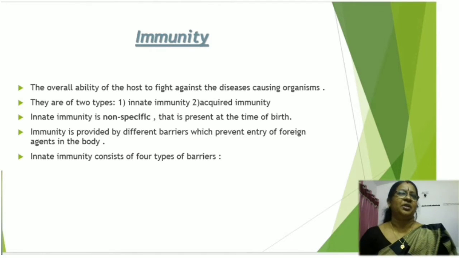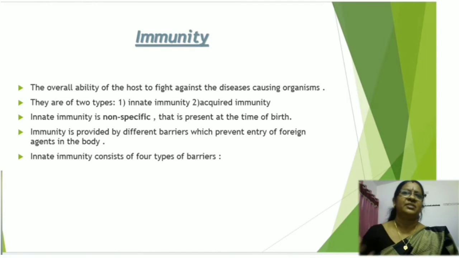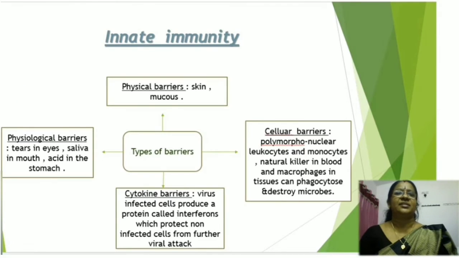Innate immunity is non-specific and it is present at the time of birth. It is provided by 4 different barriers which prevent the entry of foreign organisms into our body. They are physical barriers, physiological barriers, cellular barriers and cytokine barriers.